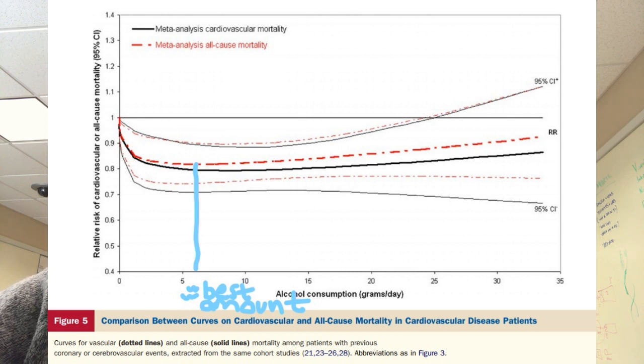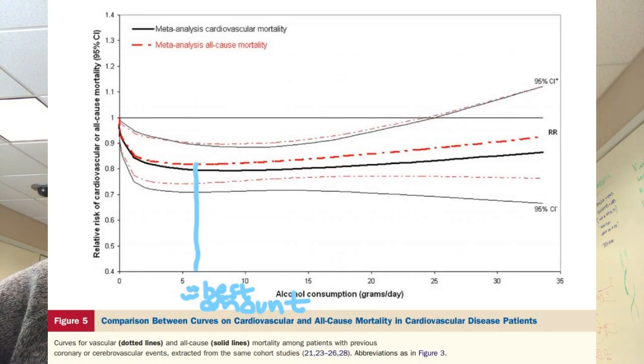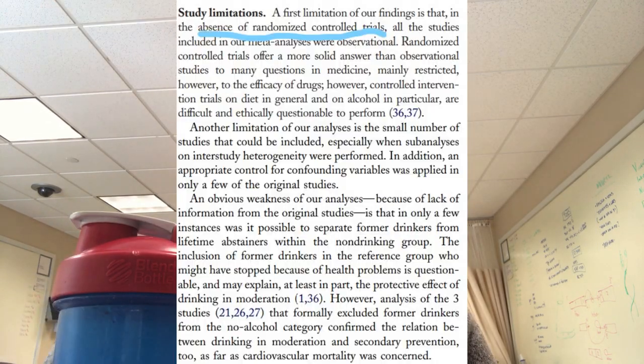At this point, drinking 6-7 grams of alcohol per day, maybe a third of a can of beer, really does reduce the risk of cardiovascular death and death overall in this study. Comparing the red to the black, it seems like it has a greater effect on cardiovascular mortality, because the black line is lower than the red line.